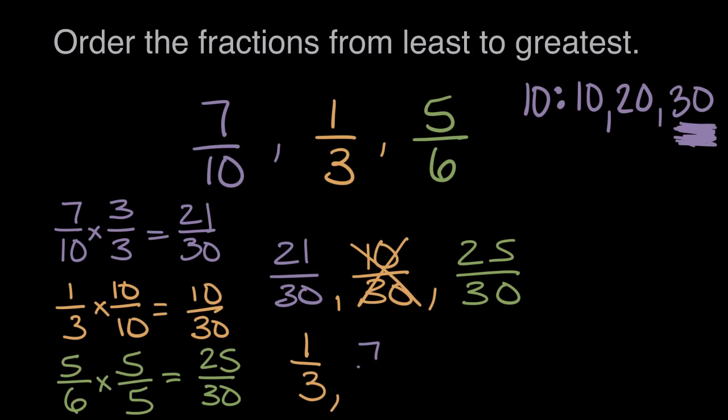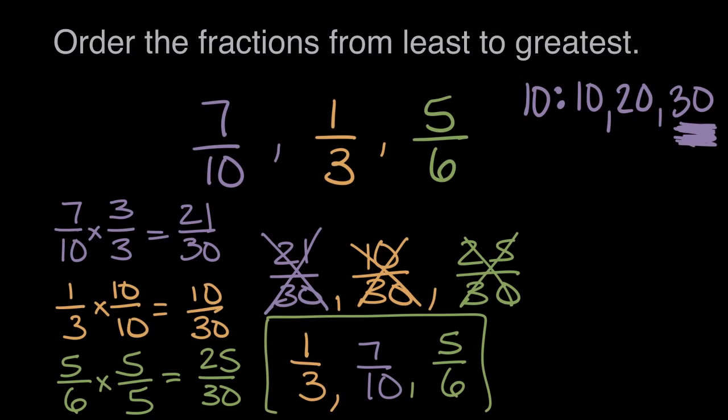So we can say 7/10, because 21/30ths equals 7/10. And finally, that leaves us with 25/30ths, which is equivalent to 5/6. So from least to greatest, our fractions are 1/3, 7/10, and then 5/6.